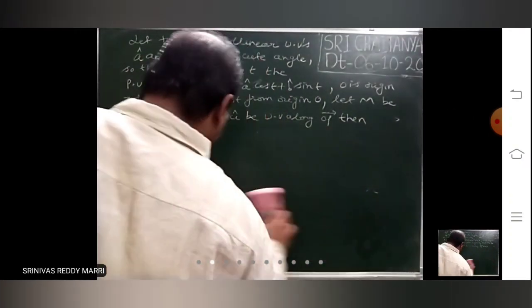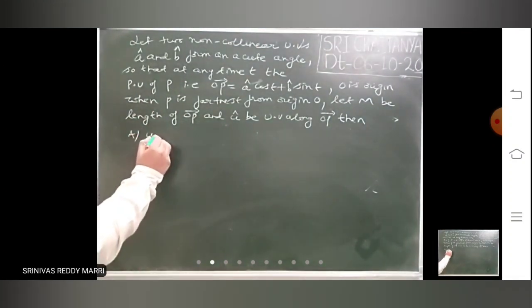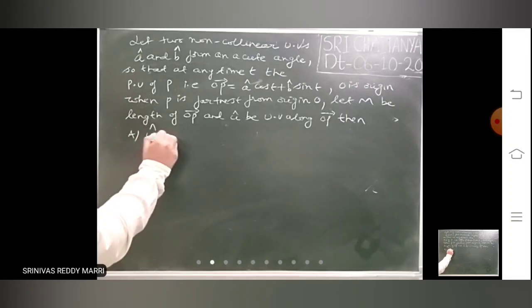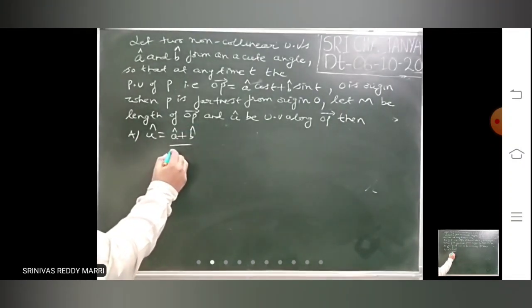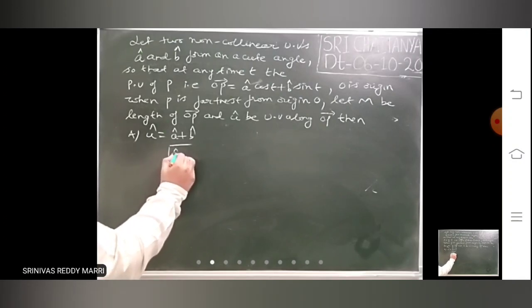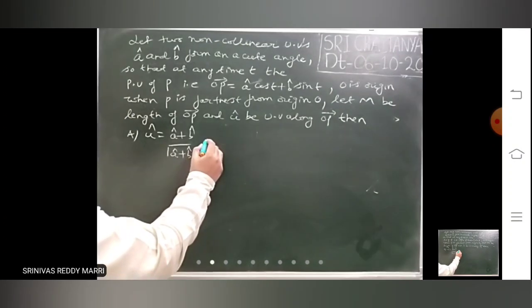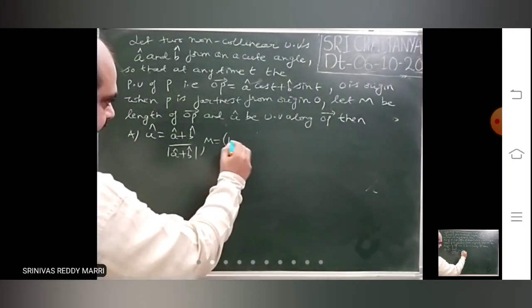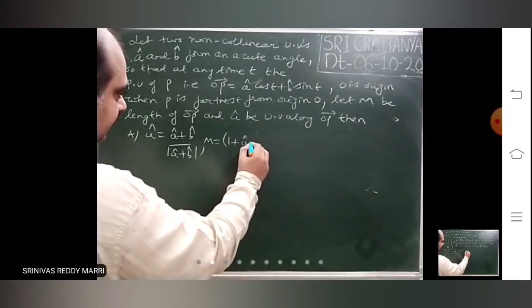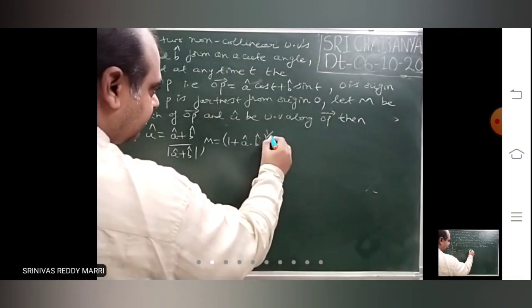Then, looking at the options: first option, U cap equals A cap plus B cap divided by modulus of A cap plus B cap, M equals 1 plus A cap dot B cap to the power 1 by 2.